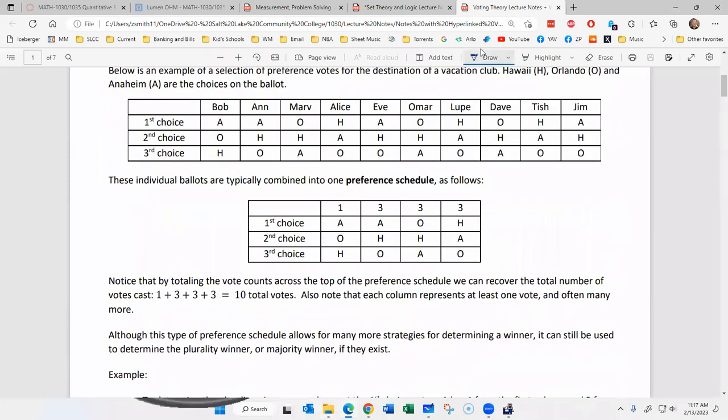So if I were looking at the plurality, A has 4 first place votes, they would win the plurality. 10 total, majority would have to have 6. 5 wouldn't be enough because 2 people would get 5 and that's not a winning situation. So you'd have to have 6 for a majority. A would win the plurality. No one would win the majority of this preference schedule.